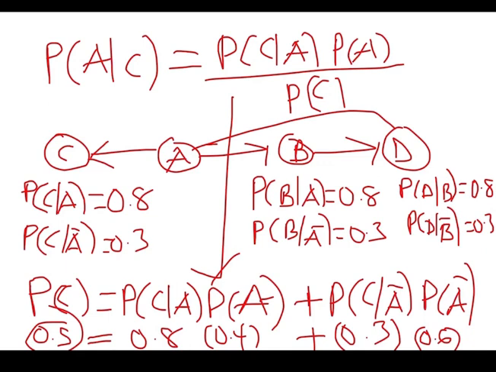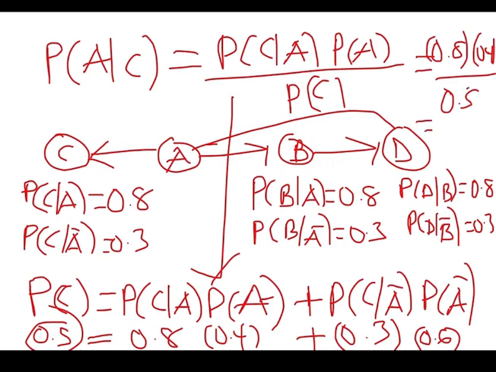Now, we've already done all of this. What is the probability of C given A? They give you that here, 0.8. What is the probability of A? You're given 0.4, right? Divided by the probability of C. That is what we just found. We found the probability of C the other time, which was 0.5.